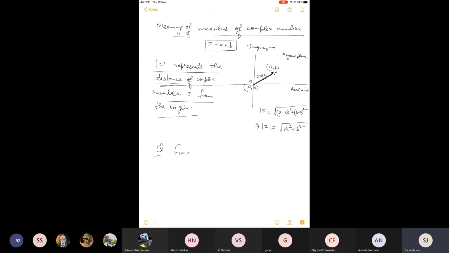Okay, I'm writing the question here. Let us solve some examples. Easy overall, just use the formula. Find the modulus of the following complex numbers. I'll be writing some parts.